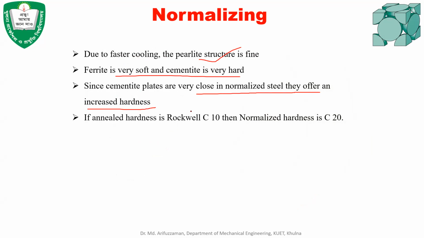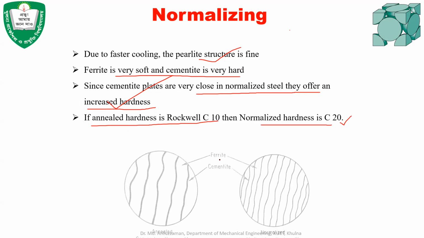The distribution of ferrite and cementite is very uniform and very fine, and that is why it gives increased hardness compared to normal annealed steel. If the annealed hardness is 10 on the Rockwell C scale, the normalized hardness will be 20, almost twice.